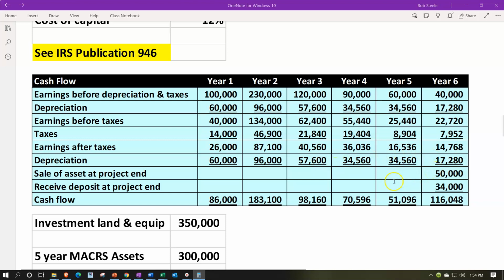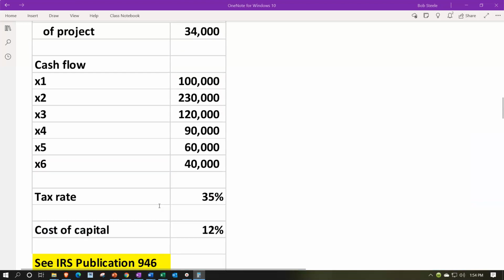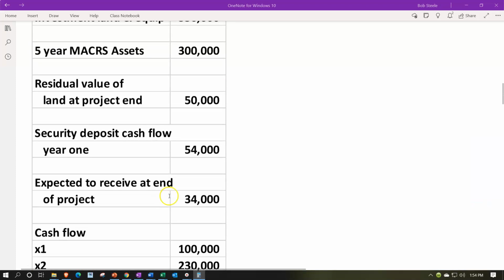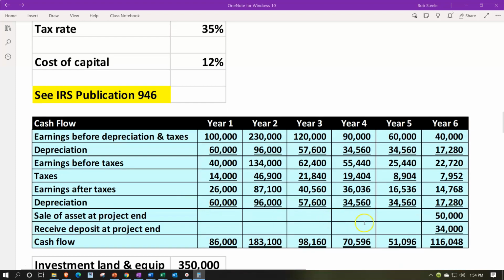The cost is the same, so we're going to imagine there's no tax impact. We also receive a deposit back at the end of the project. Remember, we're going to have to put in another 54,000, which we're thinking is a deposit or working capital we expect to get back, but we're only going to imagine here that we get back 34,000 of it at the end. So that would be an inflow at the end of the 34,000.